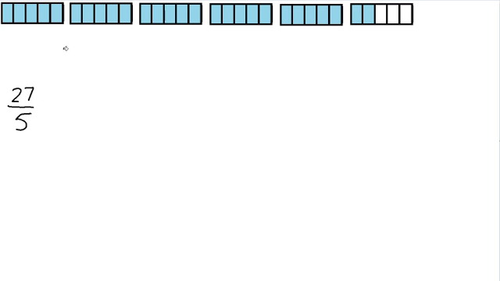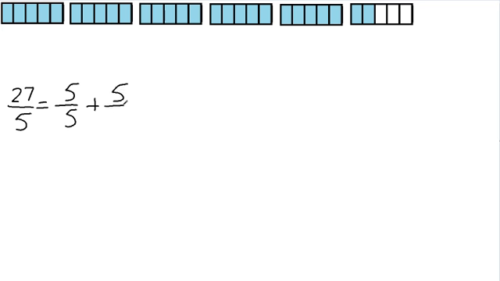And if I didn't have to show a visual model, I didn't want to do that, that just takes so much time drawing it all out. Another way to do it is to say, well, I know 5 fifths is one whole, and I'm going to keep doing 5 fifths until I get to 27.